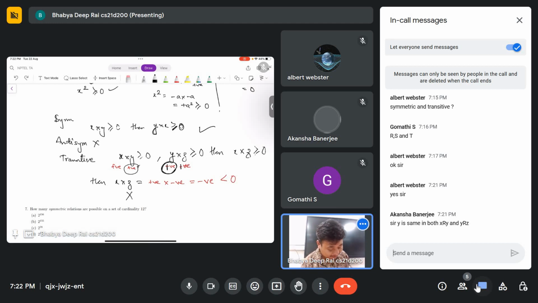And if x were negative here, then y should necessarily be negative, and z therefore should necessarily be negative to create greater than or equal to 0. Sorry. Good. Then x times z is positive times positive or negative times negative, which is positive.